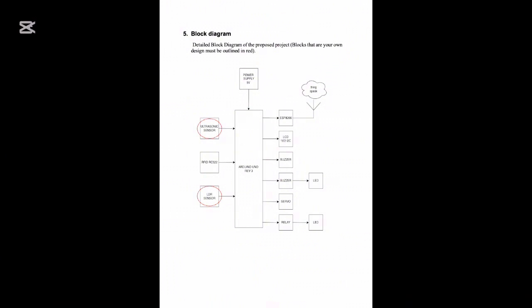One buzzer controls an LED, and one is controlled by the ultrasonic sensor, a servo, a relay, and an LED. The components on the input are ultrasonic sensor, RFID RC522, LDR sensor.